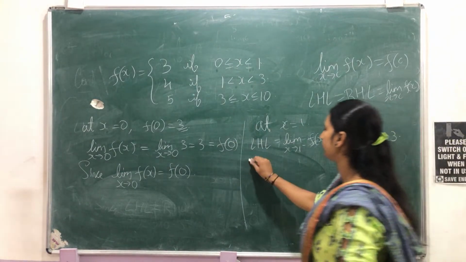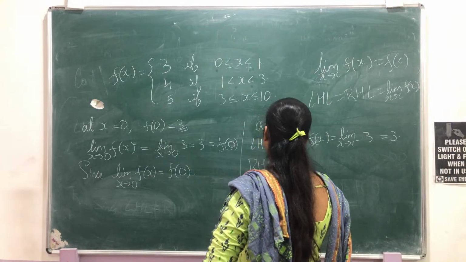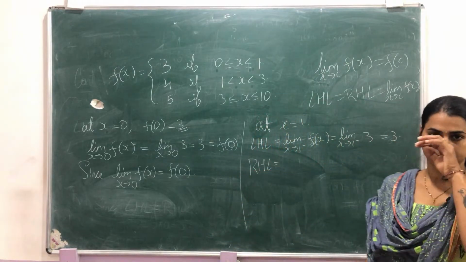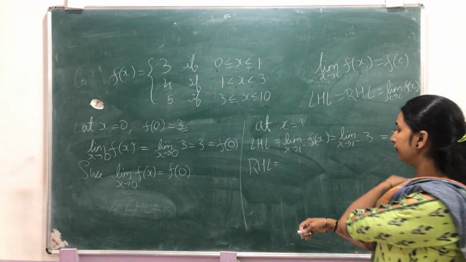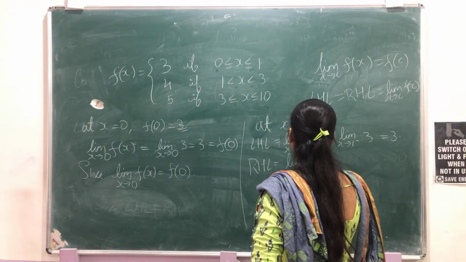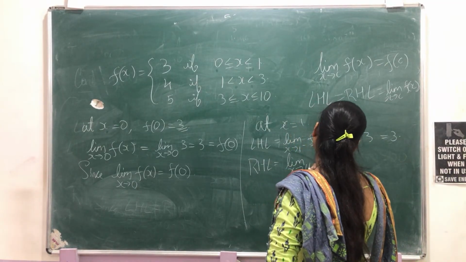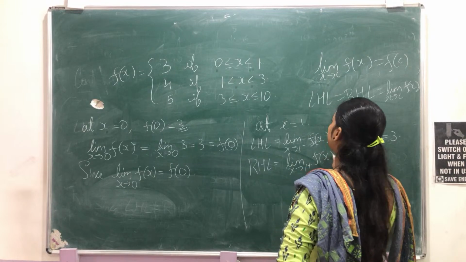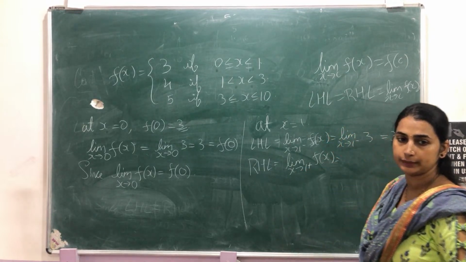What is RHL? Limit x tends to 1 plus f of x. For greater than 1, what is there?